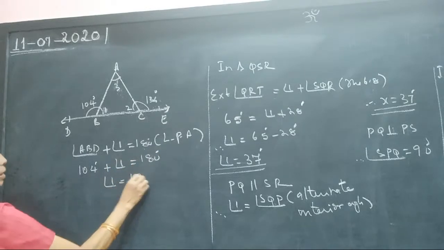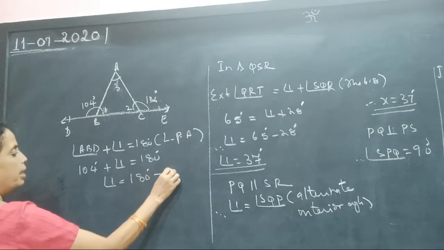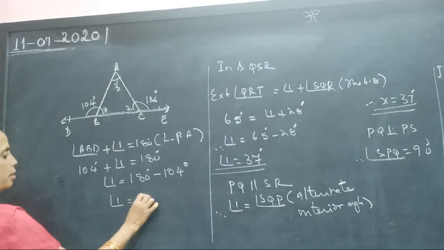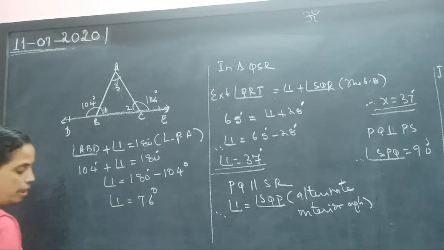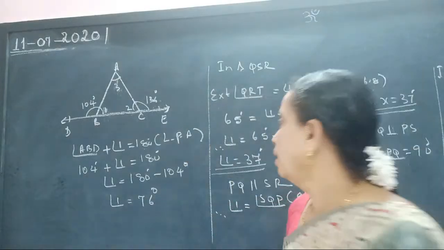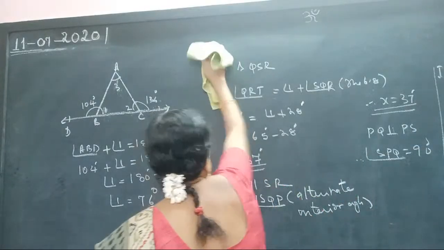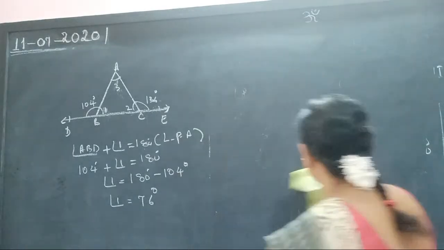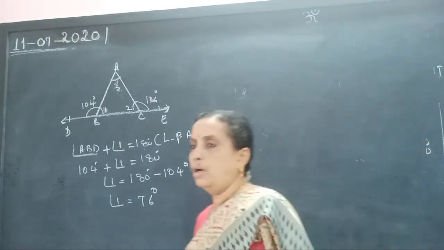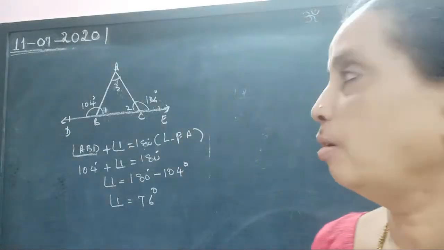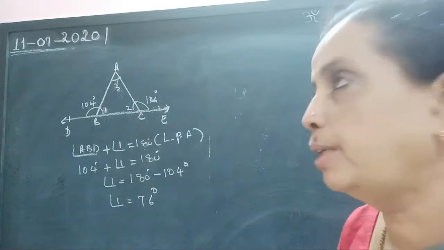Angle 1 equals 180 degrees minus 104 degrees. What is the measure? 76 degrees. Have you all got the answer? 76 degrees. Now calculate angle 2 similarly. Later, using either the exterior angle property or the angle sum property, you can find angle 3.